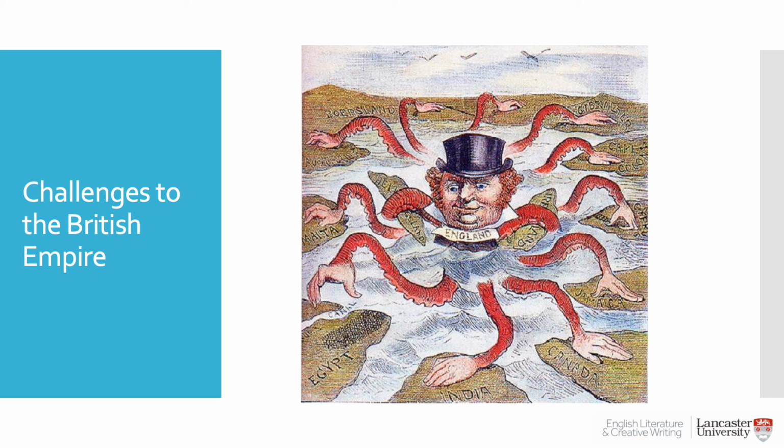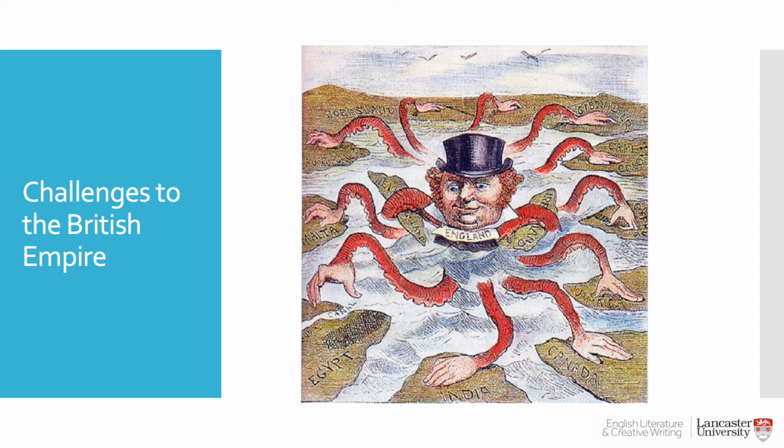Late in the 19th century, however, some colonized subjects were protesting against being colonized, and other nations, like America, were competing for imperial power with Britain and fighting Britain overseas.